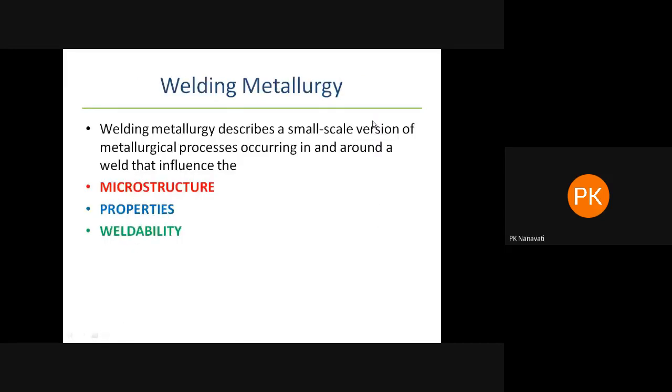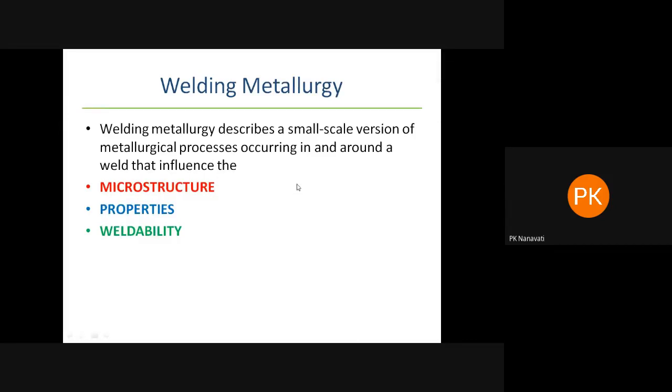So these are the factors affecting the thermal cycle. What is welding metallurgy all about? Welding metallurgy is all about microstructure, property, and weldability, right? Weldability, in simpler terms, is the behavior of a material towards the welding process.